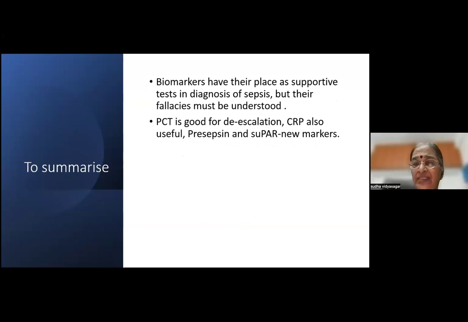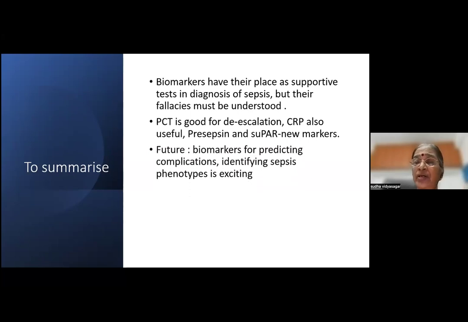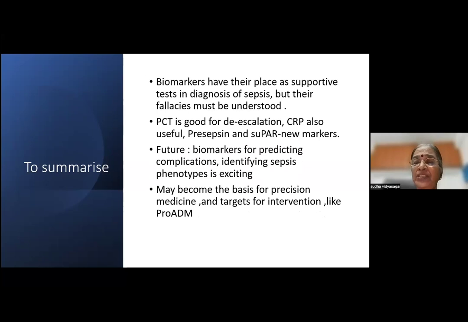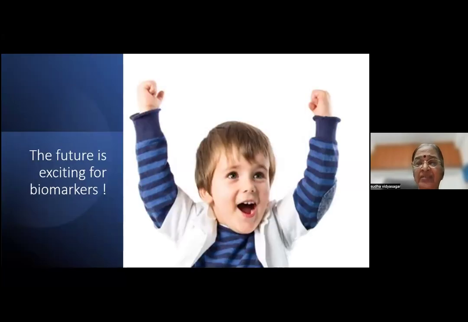Procalcitonin is good for de-escalation, CRP also useful, presepsin and suPAR are new markers. The future is that biomarkers can be used for identifying complications, which is very exciting, and identifying sepsis phenotypes is very, very useful to us. It may become the basis of precision medicine and targets for intervention like pro-ADM. So the future is very exciting for biomarkers. And that's what I would like to conclude with.